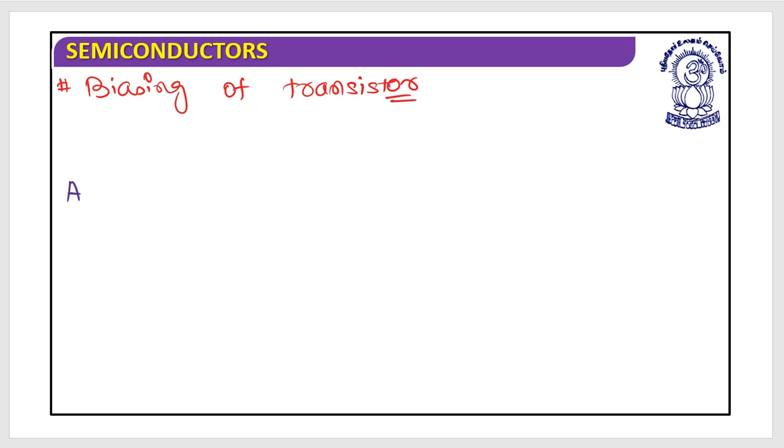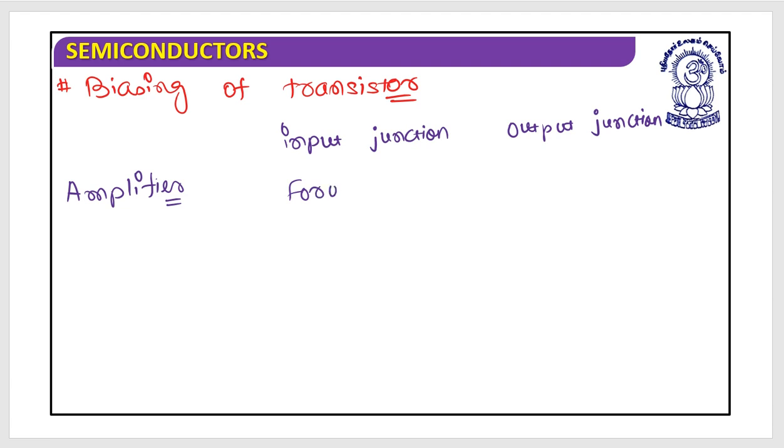So when the transistor works as an amplifier, we have two junctions: an input junction and an output junction. When I want my transistor to work as an amplifier, then the input junction should be forward biased and the output junction should be reverse biased.